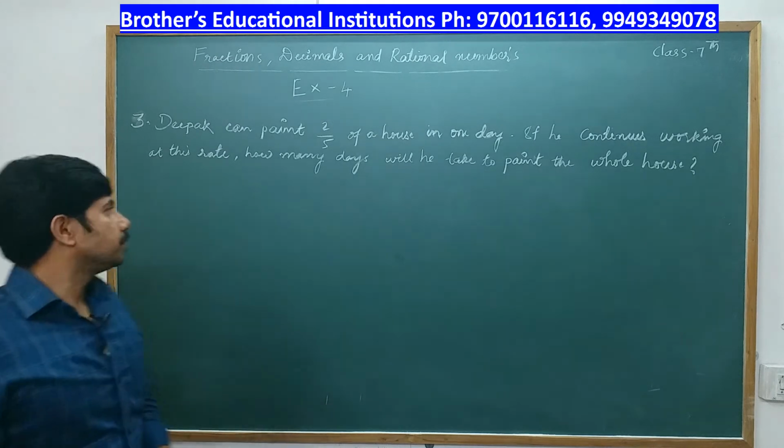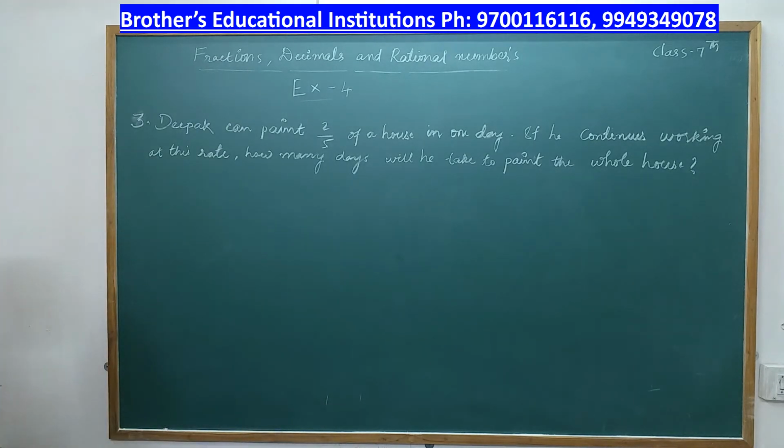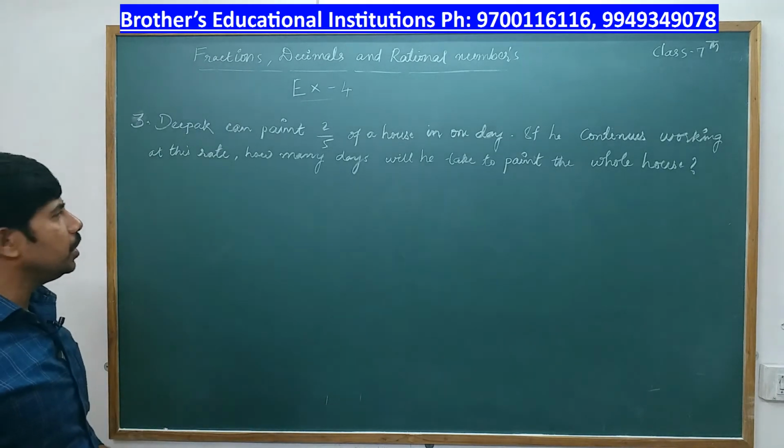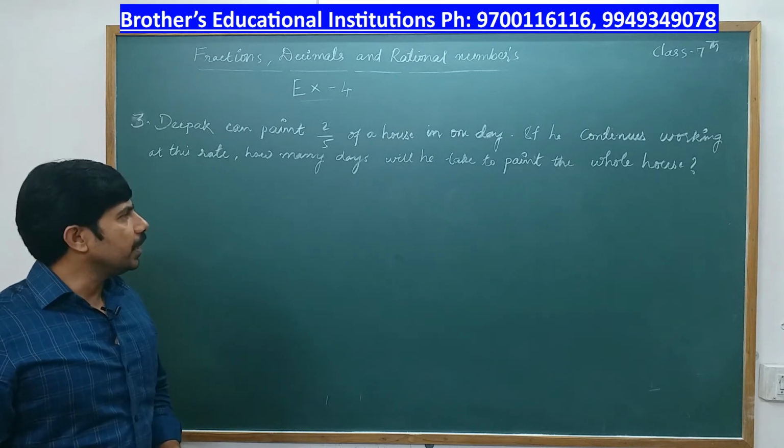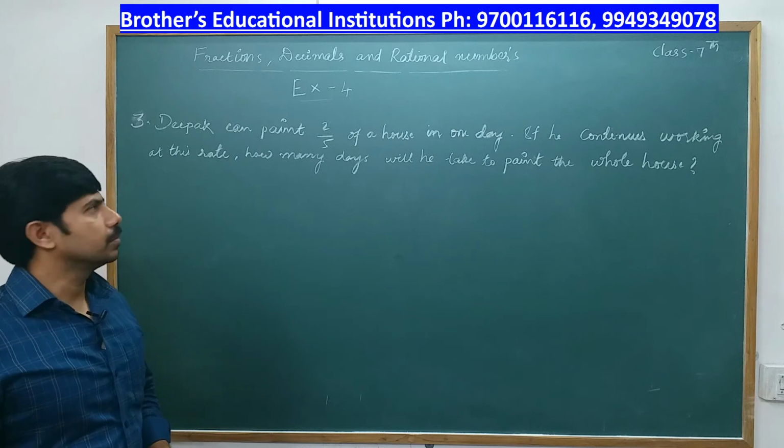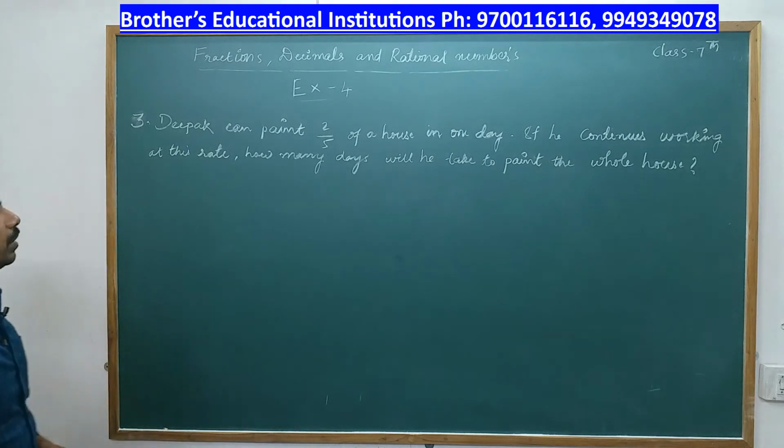Next problem. Deepak can paint 2 by 5 of a house in one day. If he continues working at this rate, how many days will he take to paint the whole house? So how to start the problem?